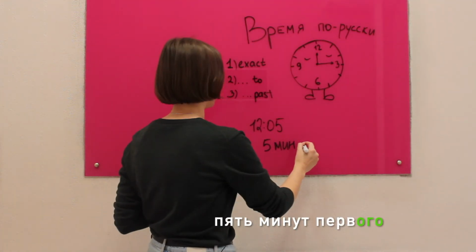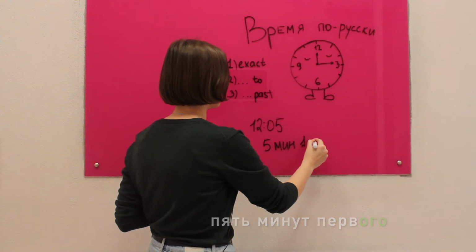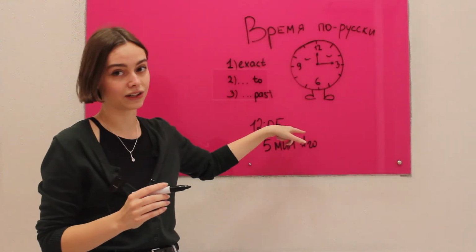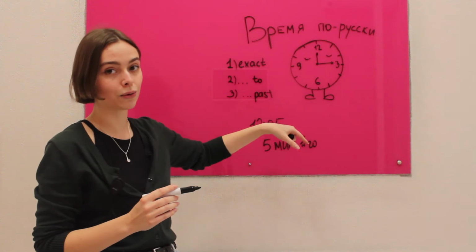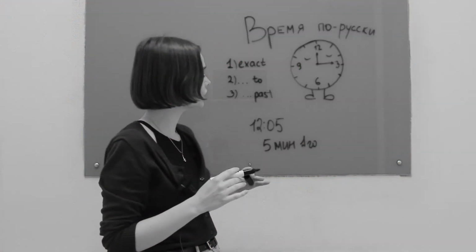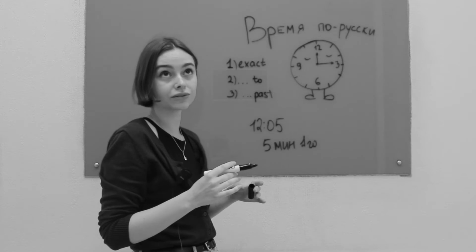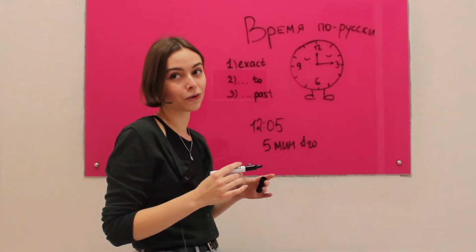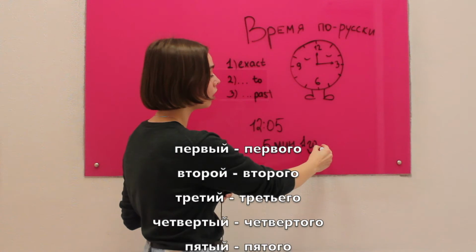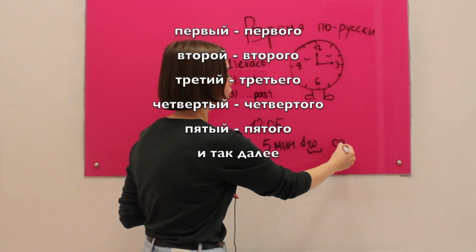первого. So we are going to be talking about the 13th hour, so the next hour which comes after 12. And we will always use an ordinal number and add the ending го or ого.